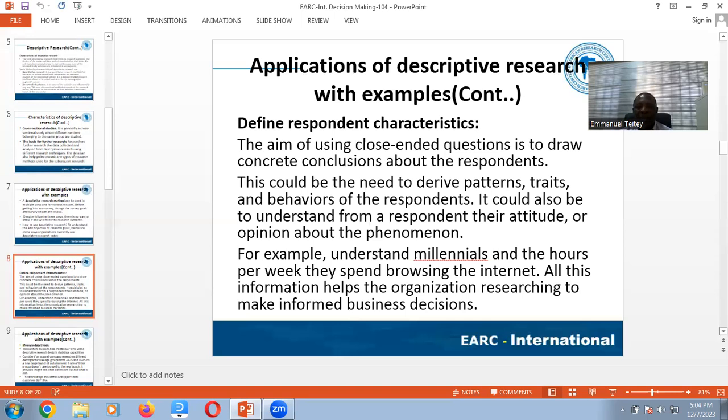For example, understanding millionaires and the hours per week they spend browsing the net. All this information helps the organization to make informed decisions.